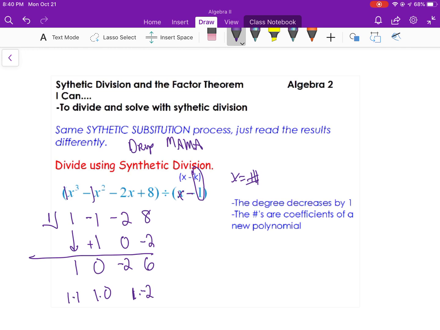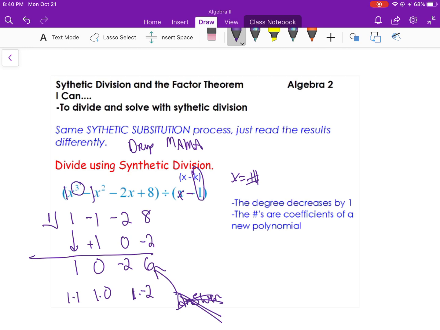Before, that would be my answer in synthetic substitution. But in synthetic division, how you read your answers is different.